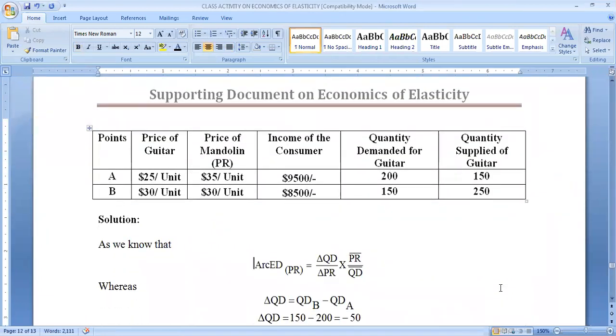Solution. As we know that this is the formula of cross price elasticity of demand considering arc elasticity's concept in mind. So arc elasticity of demand with respect to cross price or with respect to related prices equals delta QD over delta PR multiplied by PR bar divided by QD bar.